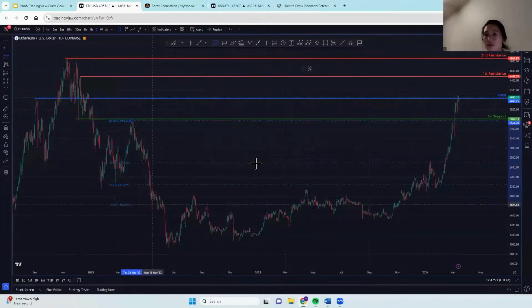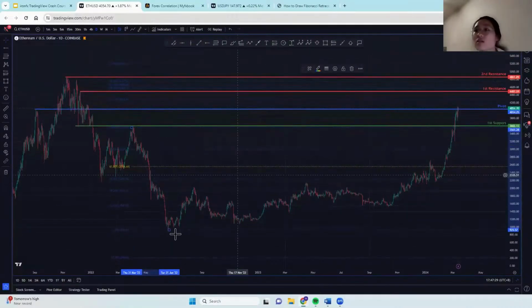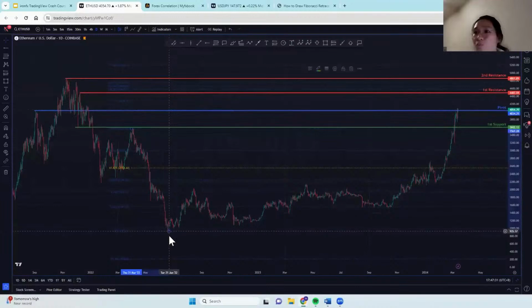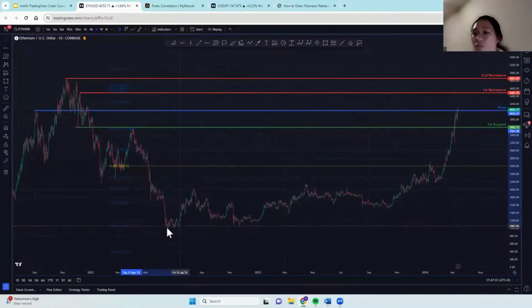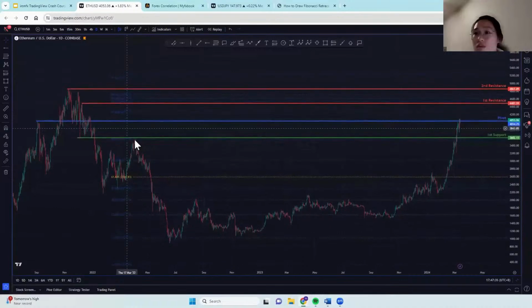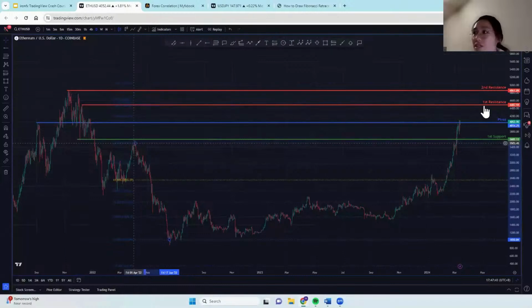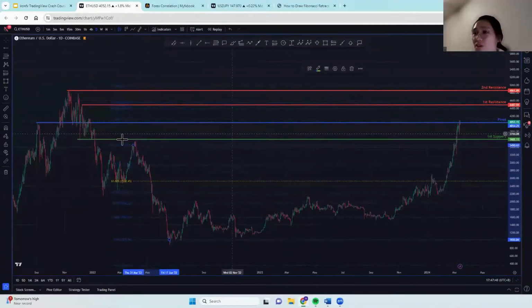So same thing, I'm looking for Nike tick here. Fibs. Can see my 127. Actually, this area lines up with our first resistance. 127 also lines up with our pivot.